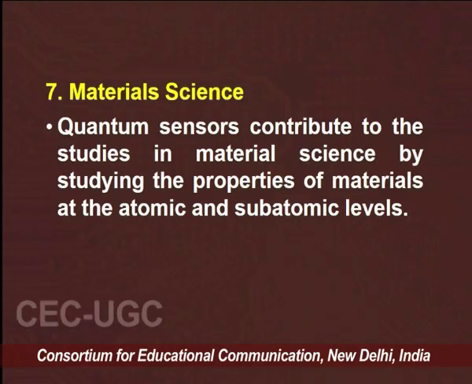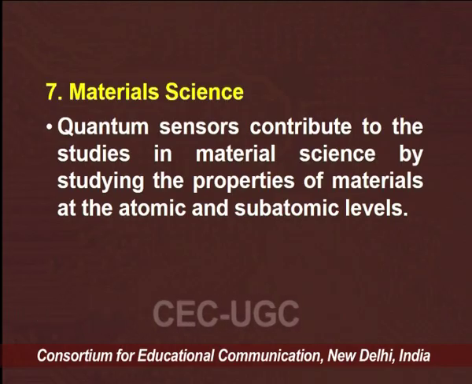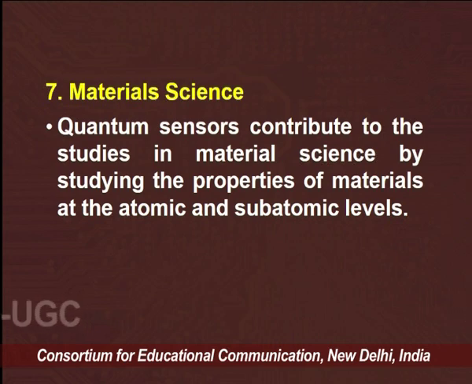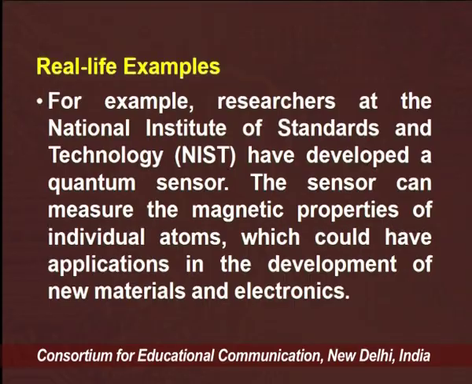So, another application is material science. Quantum sensors contribute to studies in material science by studying the properties of materials at the atomic and subatomic levels. If we talk about a real time example, the National Institute of Standards and Technology has developed a quantum sensor.